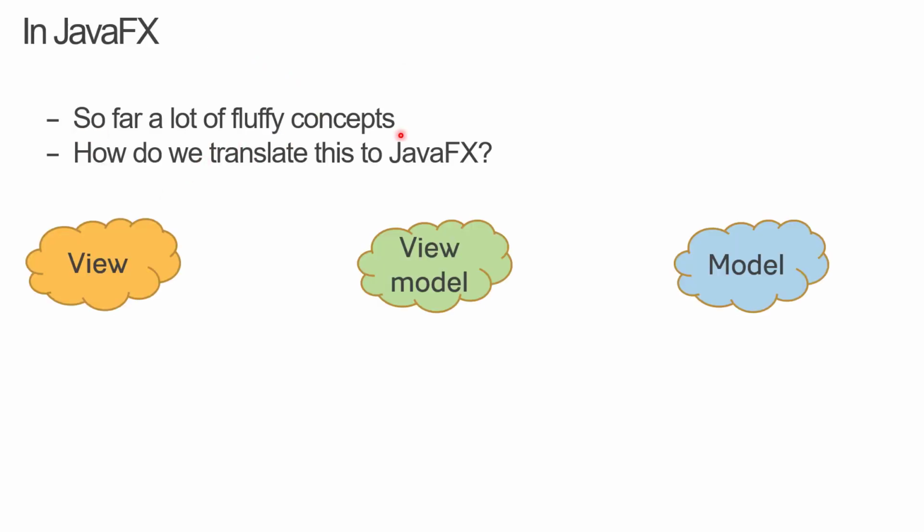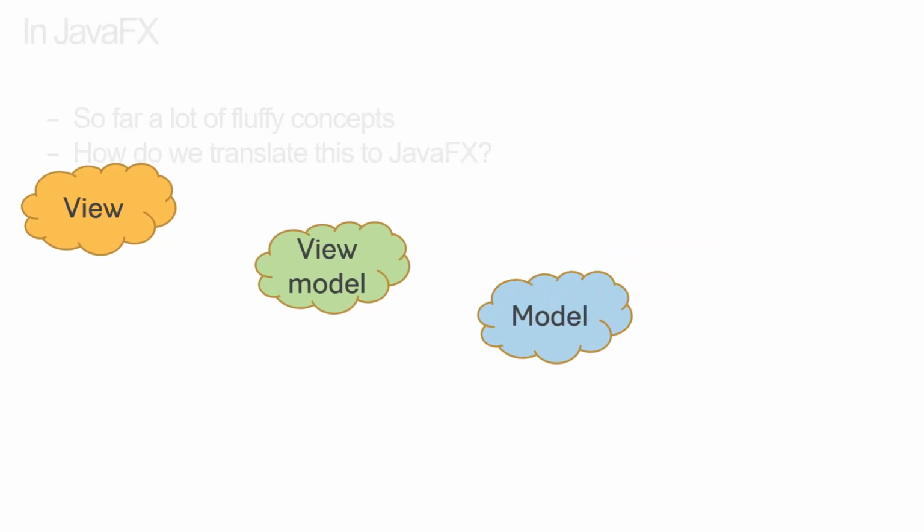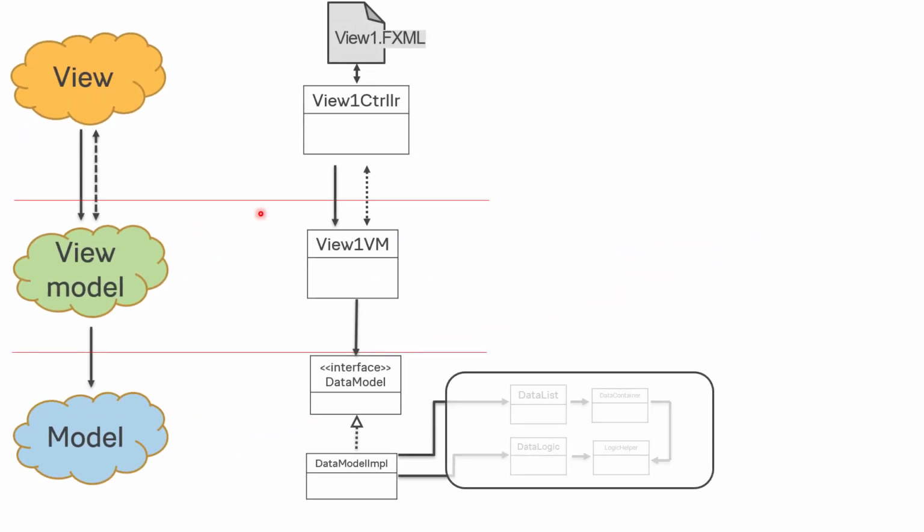So we've seen a bunch of fluffy concepts. We have a group of view classes, a group of view model classes, and a group of model classes. And we have seen how these interact with each other. And the question is, how do we translate this into an actual system using JavaFX? So let me just rearrange things a bit here. I have indicated the associations here.